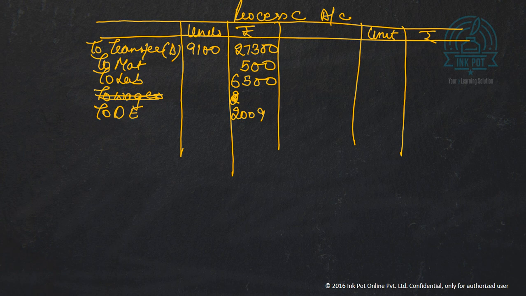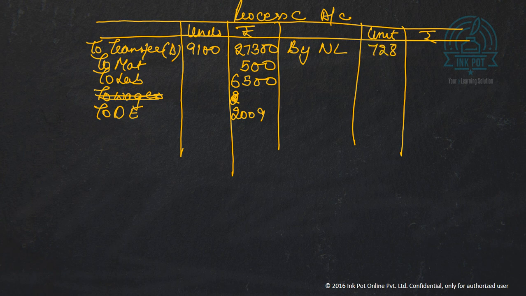And now the percentage of normal loss in process C was 8%. So 9100 into 8% is equal to 728 units, right?